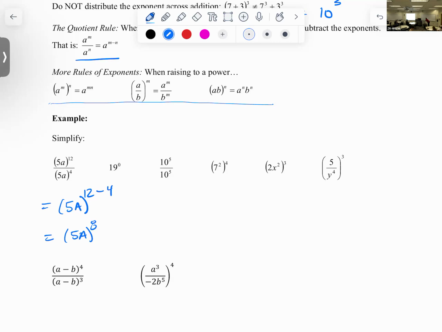And I could leave it like that, but let's use one last rule. I can even rewrite that as 5 to the 8, a to the 8. Now, you can put 5 to the 8th in your calculator and find whatever number that is, but these numbers get very, very big unless it's like a 2 or a 3 as your base. Most of the time, when your base is low and your exponent is low, you can just leave it as 5 to the 8 power.